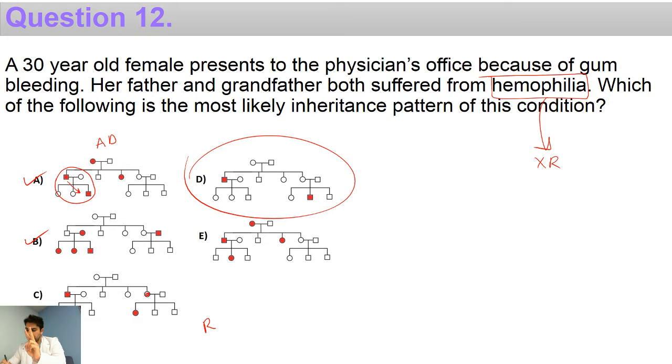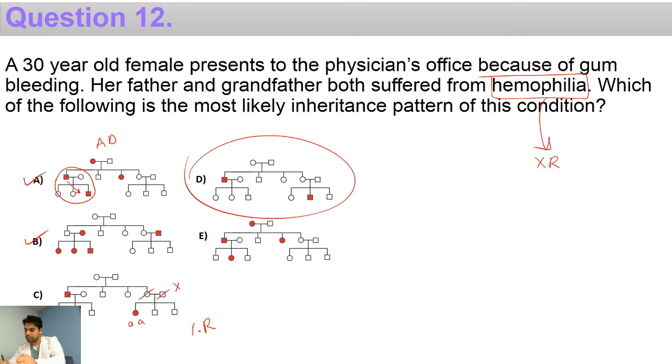That means she should be affected, and there should be a crazy non-disjunction to occur, which is extremely rare. The fact is that she must have had one copy from mom, one copy from dad. Now, if it's X-linked, dad can only have the X chromosome, and if it's given to the daughter, the dad must express the disease. The dad is normal, so this is not X-linked.